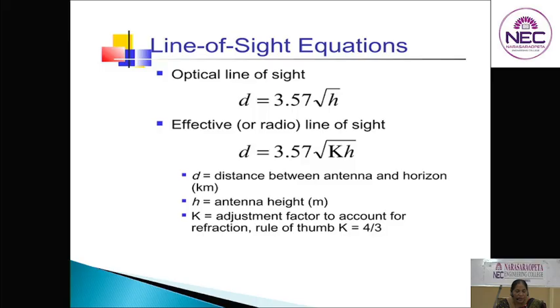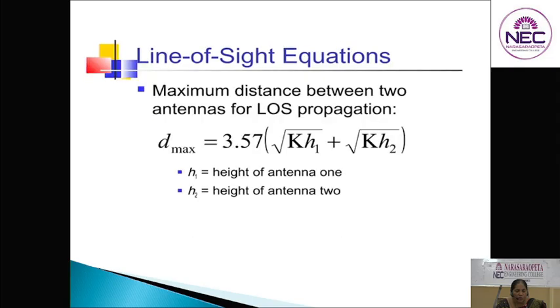As a rule of thumb, k is equal to 4/3, which we use as a constant. The formula to find the line of sight between the transmitting and receiving antenna is D maximum equals 3.57 times root of k h1 plus root of k h2, where h1 is the height of antenna 1, the transmitting antenna, and h2 is the height of antenna 2, the receiving antenna.